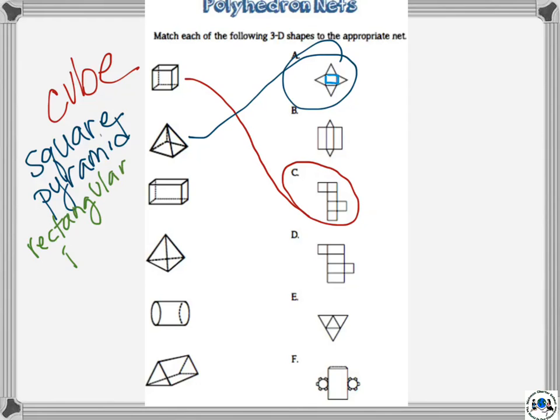Next one is a rectangular prism. Anything that is three-dimensional, pretty much we can refer to as a prism. A cube is simply a square prism, truly, but we call it a cube, it has a special name. Rectangular prism is there, and you can see how its shape works.